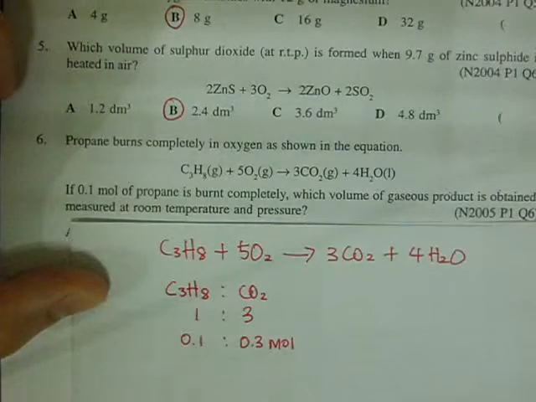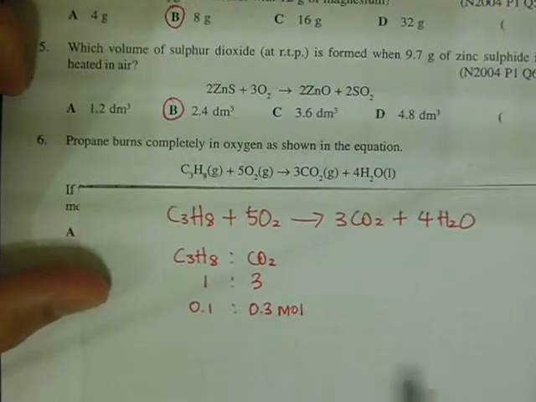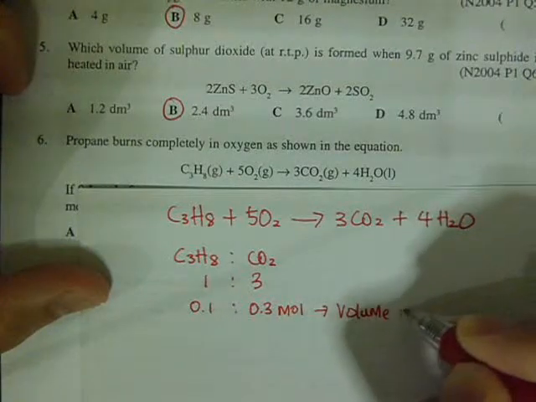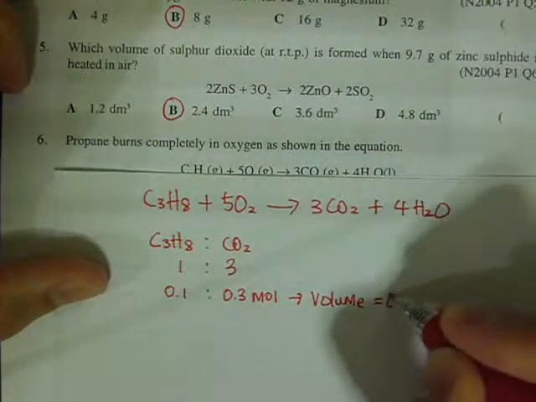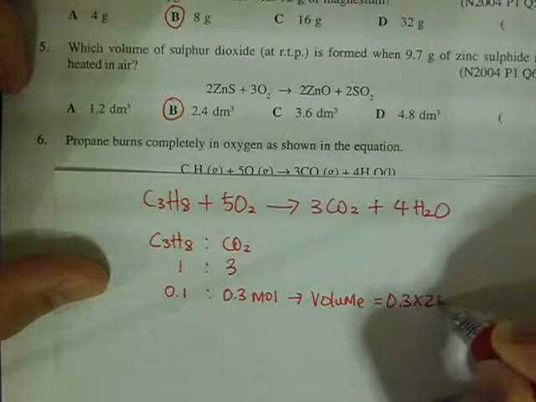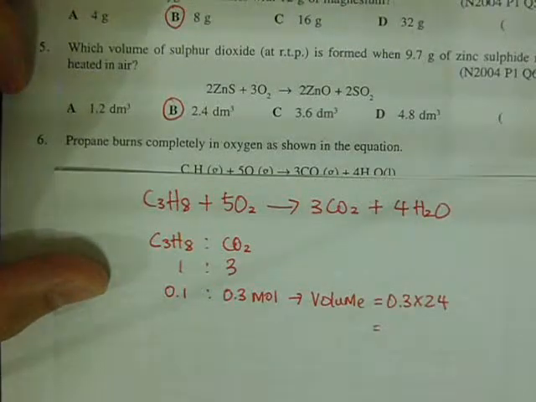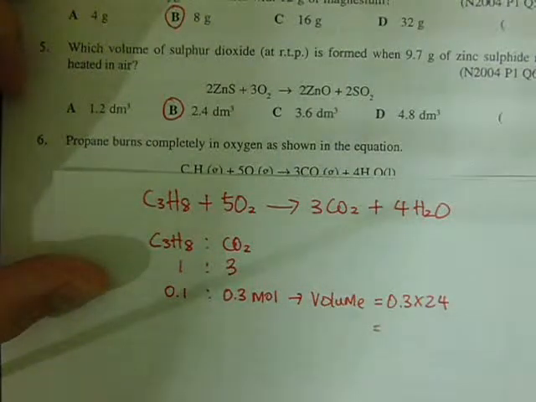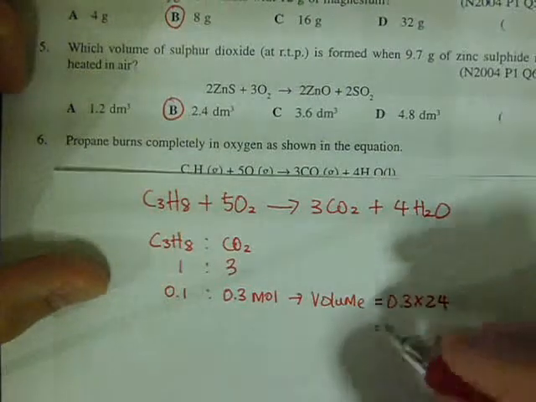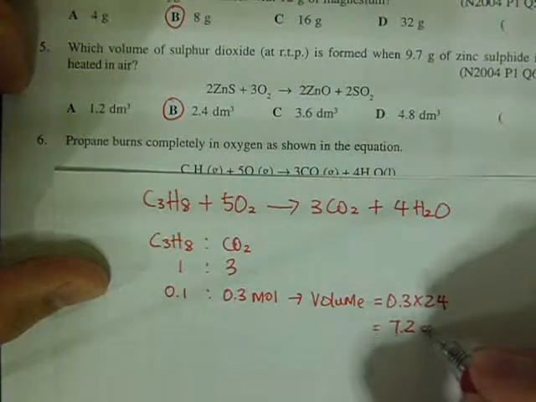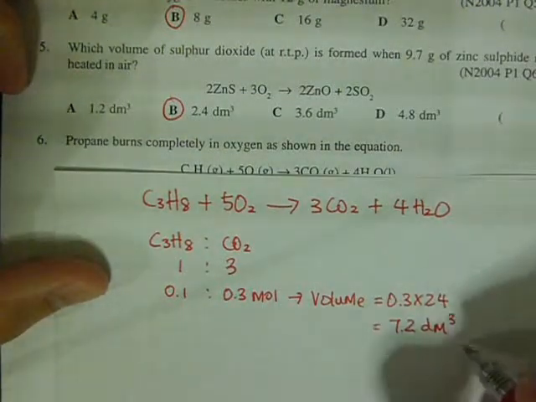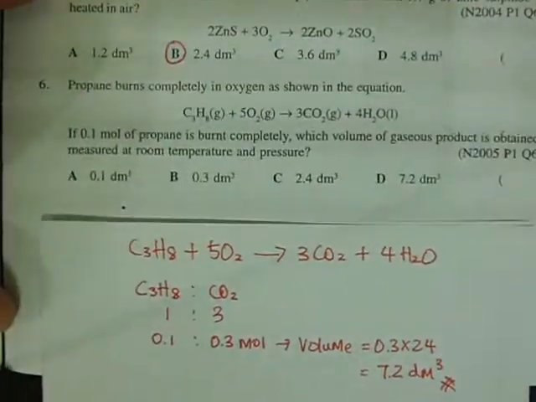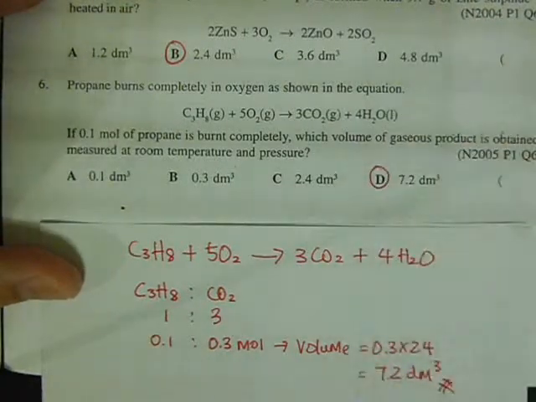Now we have 0.3 mole of carbon dioxide, therefore the volume occupied at room temperature and pressure will be 0.3 mole times 24, which is 7.2 dm³. So this will be the answer, 7.2 dm³.